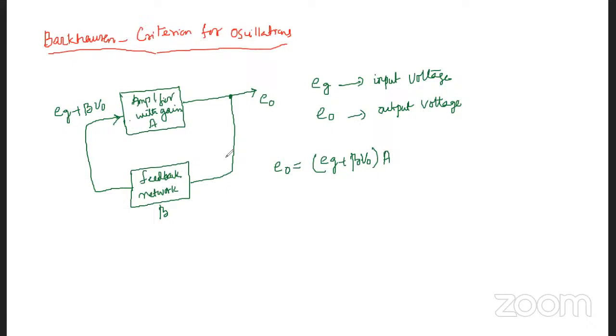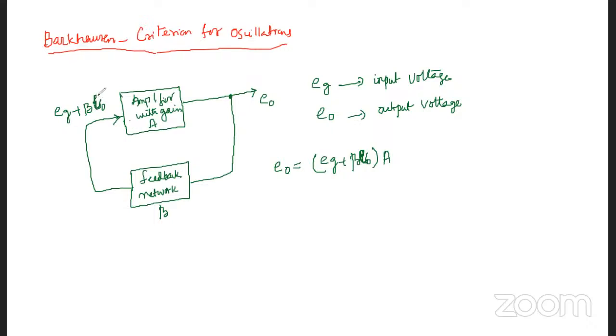Some part of the output is taken back into the input through the feedback network, a beta fraction. It is E naught, not V naught, so beta E naught.